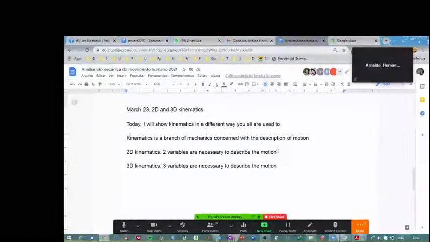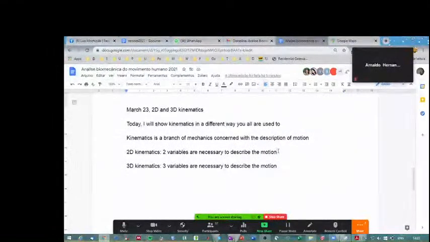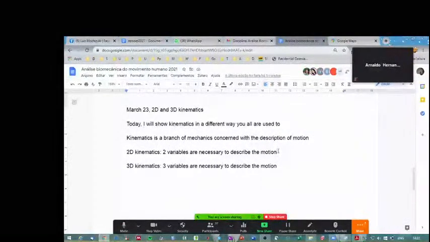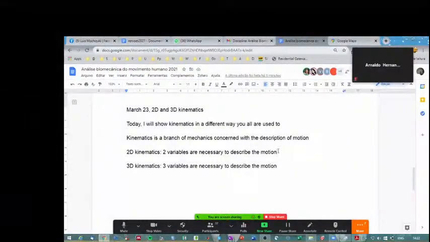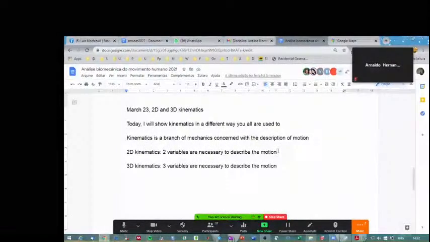It's the size of this line. With these two options, x and y, or angle and length, I can have the same information. What is the information? Where is the endpoint?